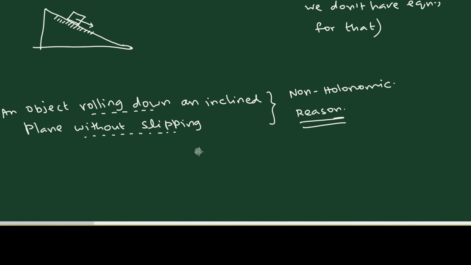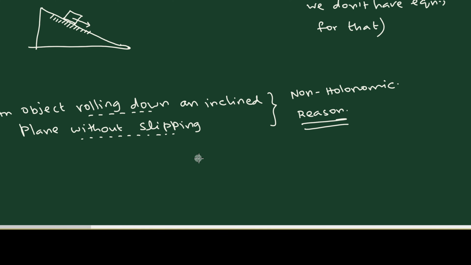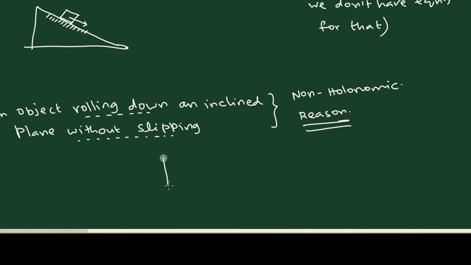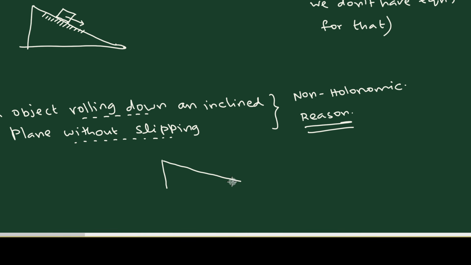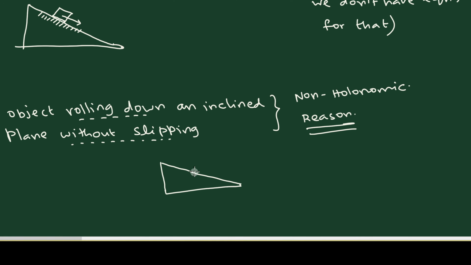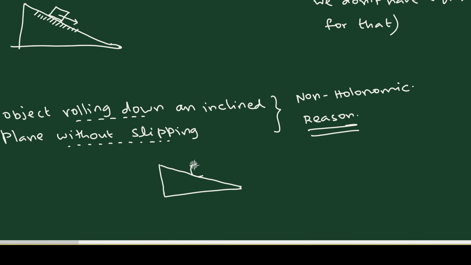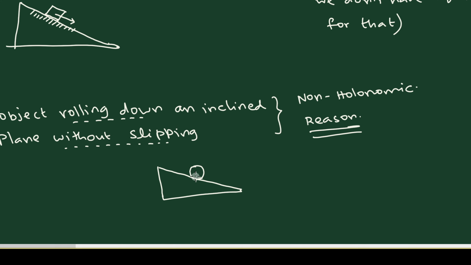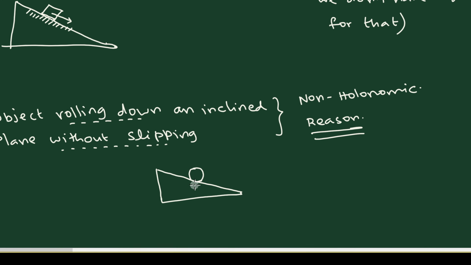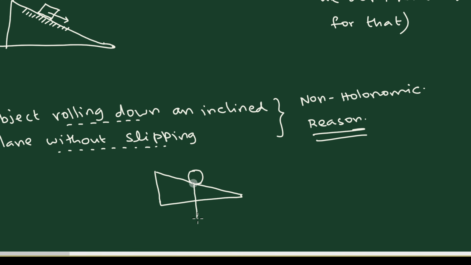When a particular thing is rolling down, if you want a diagram, you can draw like this. And if you are asking why it is so, remember one thing: the point where you have a contact here.